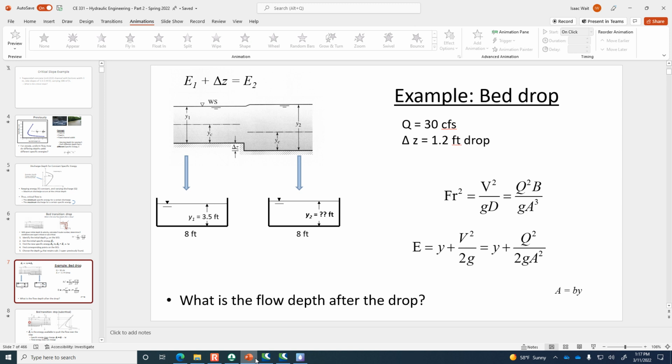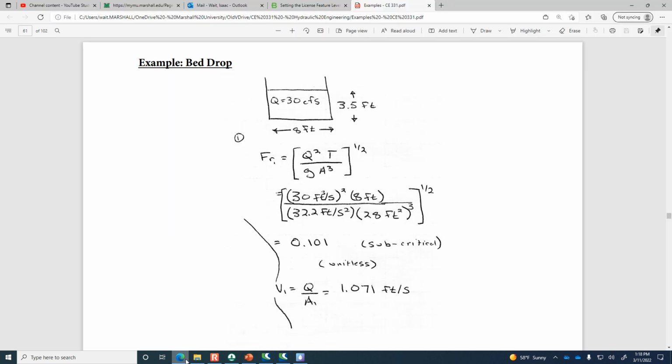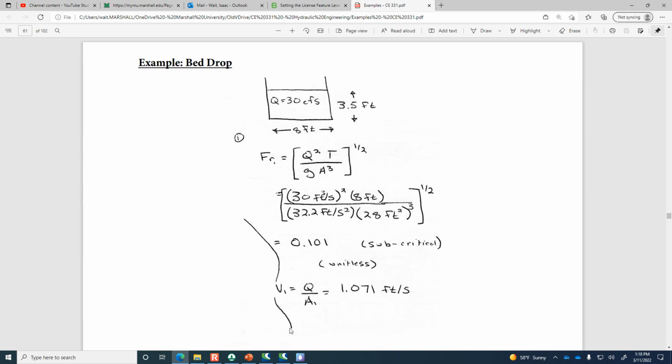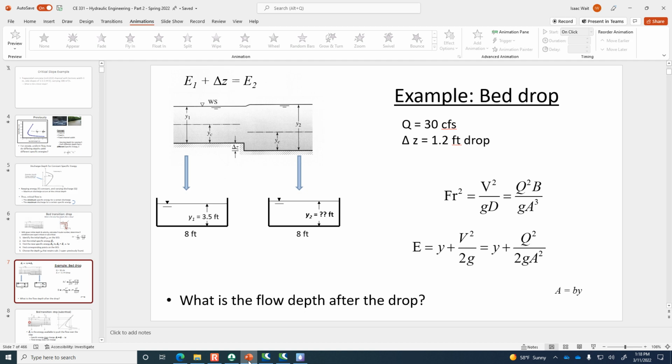Okay, so our energy at 1 is going to be the flow depth of 3.5 feet plus the flow rate, 30 CFS, 30 cubic feet per second, squared, divided by 2 times g, 32.2 feet per second squared, times the area at 1 squared, 28 square feet, and square that.